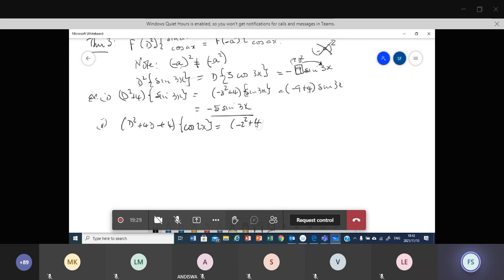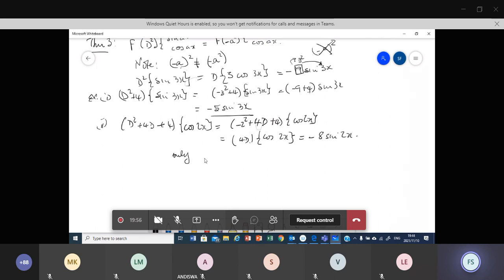So we leave it as just 4d, plus 4, on cos 2x. That gives us minus 4 plus 4 is just 0. So I'm left with 4d on cos 2x. What is the derivative of cos 2x? It is minus 2 sine 2x, with a 4. It's minus 8 sine 2x.